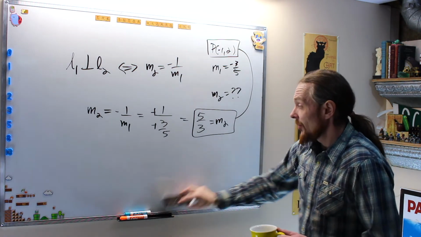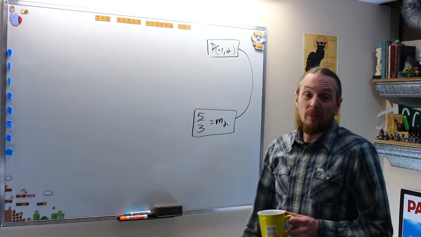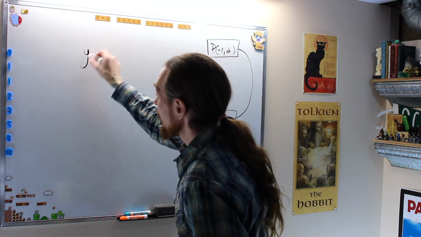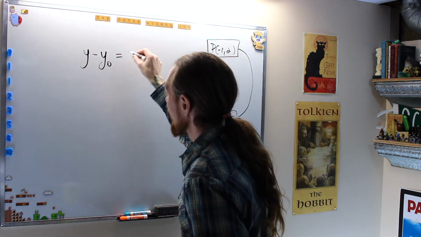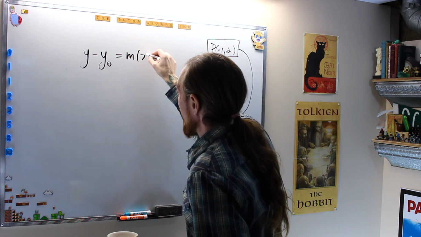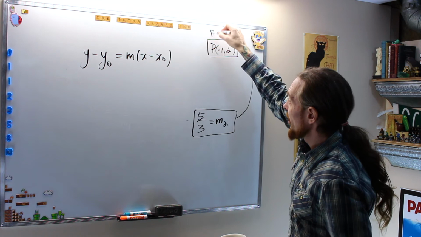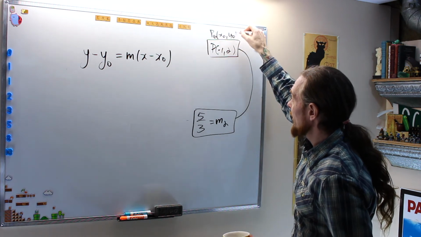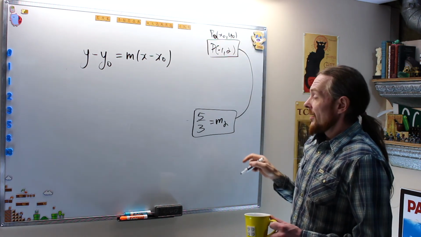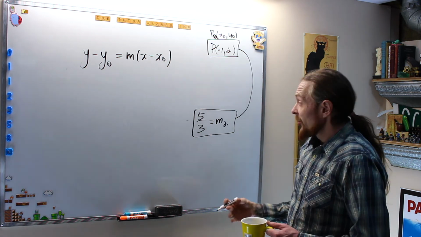That's all I need, and now we're going to build the point slope form of that line, which is always y minus y naught equals m times x minus x naught, if this is your point P naught, (x naught, y naught) in general. And then now my mind puts the example pieces in there.